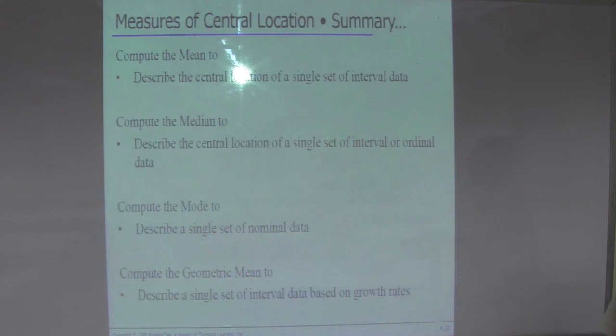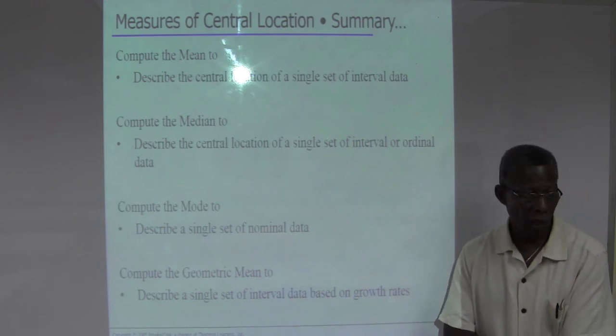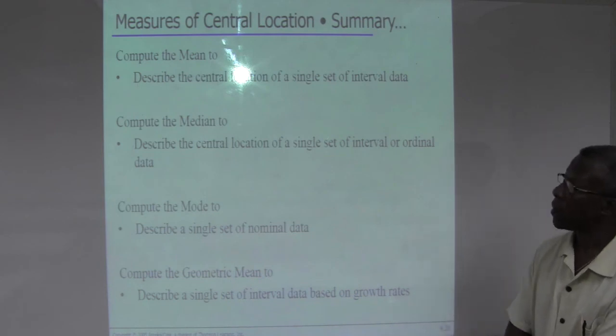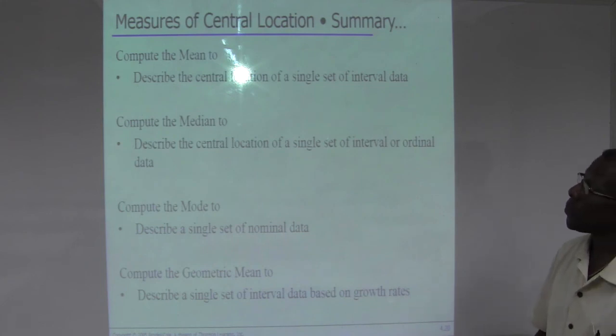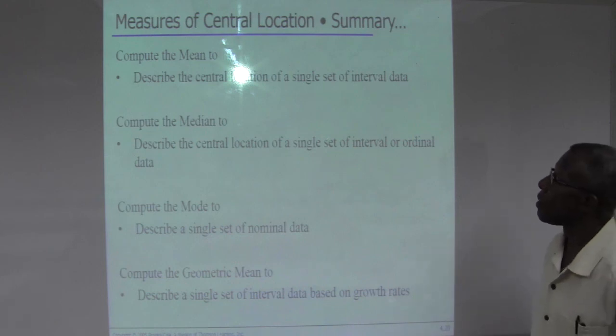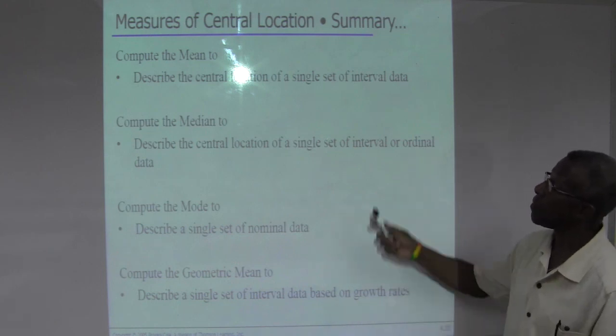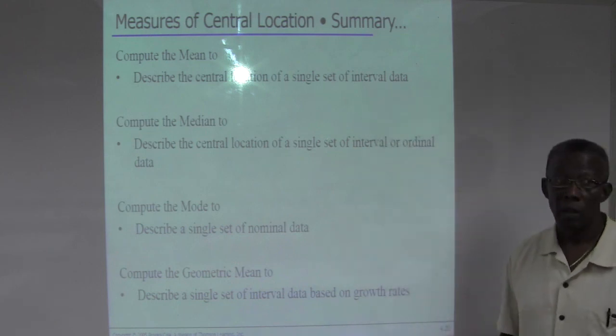Measures of central location. This is a summary. We're just about winding down now on this part of the chapter. We need to compute the mean to describe central location of a single set of interval data. Note, interval data, real measurement data.